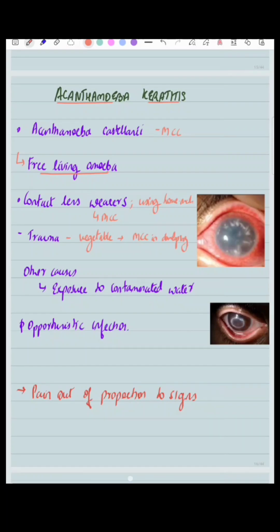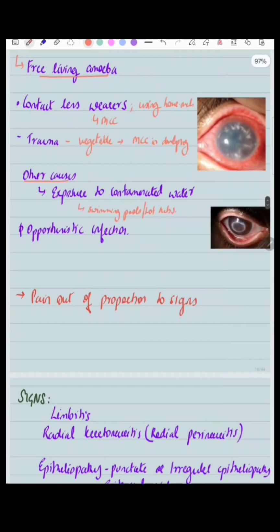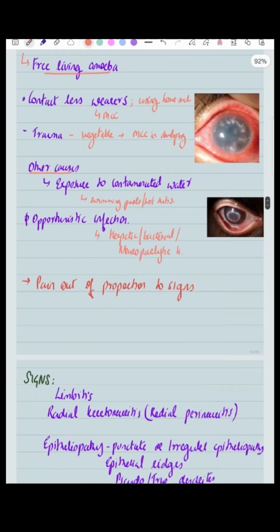Other causes include exposure to contaminated water, especially fresh water sources, then swimming pools or hot tubs, etc. It is an opportunistic infection in herpetic, bacterial, and neuroparalytic keratitis, and bullous keratopathy. It is common in immune compromised and debilitated persons, which may result in granulomatous amoebic encephalitis.